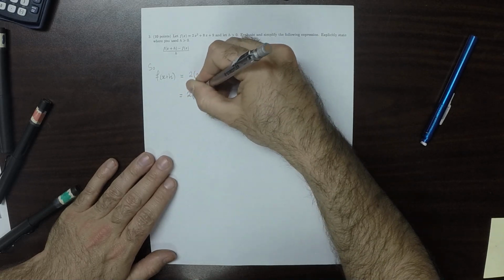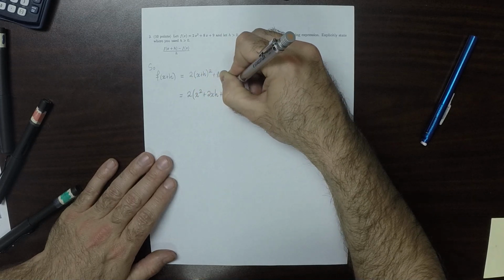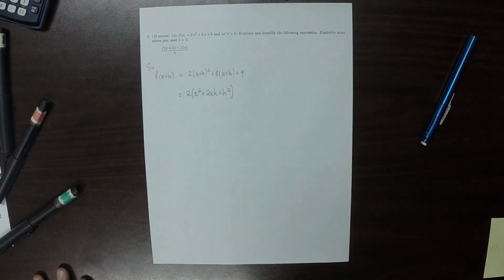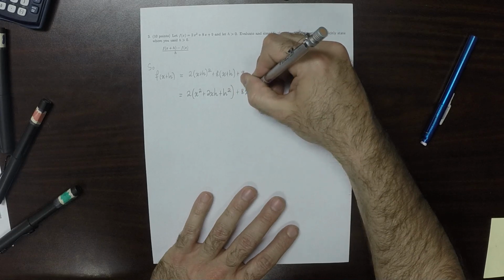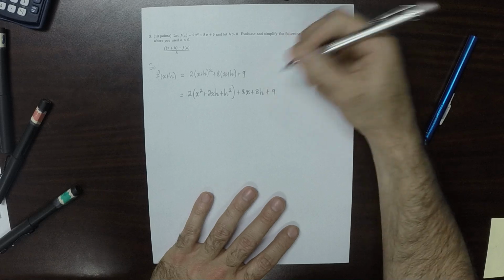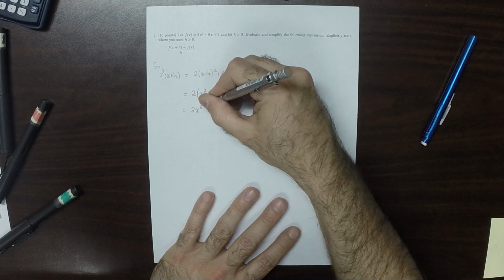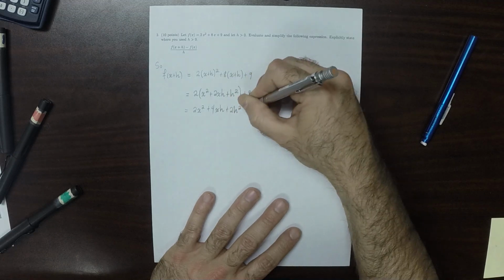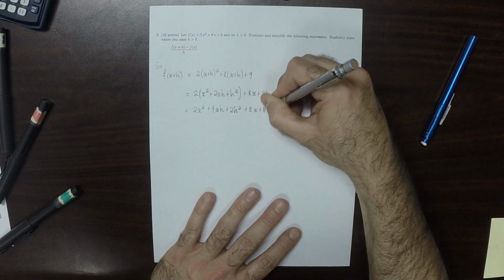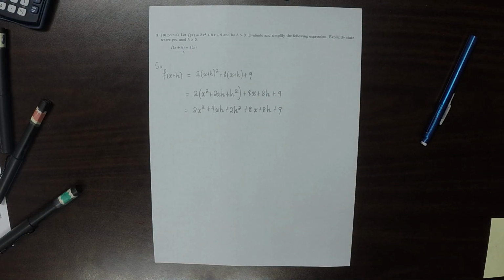So that's 2 times x squared plus 2xh plus h squared, then plus 8x plus 8h, plus 9. So that's 2x squared plus 4xh plus 2h squared plus 8x plus 8h plus 9. So that's f of x plus h.